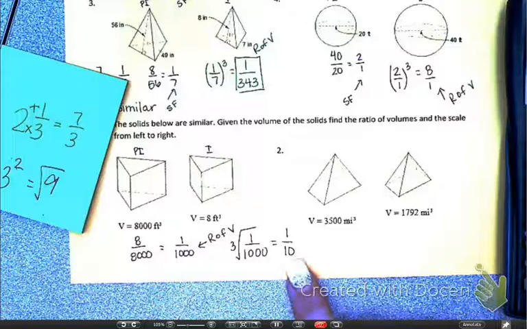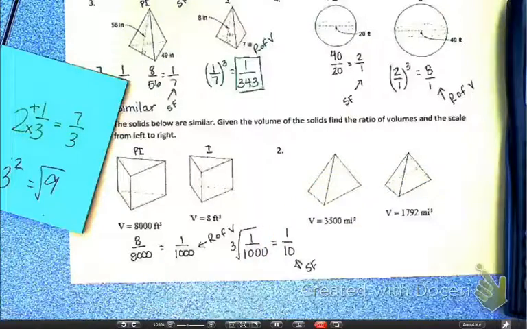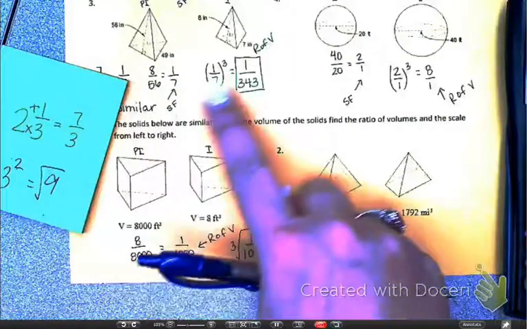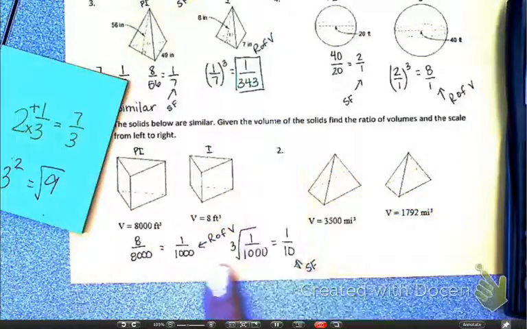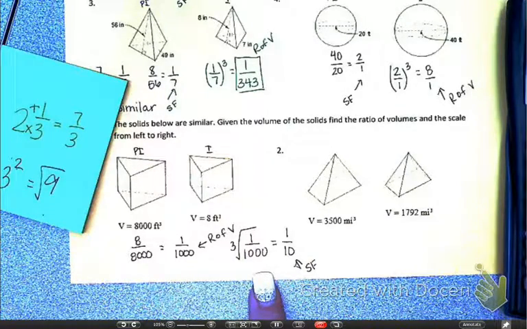What's 10 to the third power? 1,000. This is my scale factor. So I just worked backwards. Up here I started with scale factor. I cubed it to get ratio of volumes. Here I have ratio of volumes, so I'm going to take the cube root to get scale factor. Yes? No? Maybe? So? Yes?